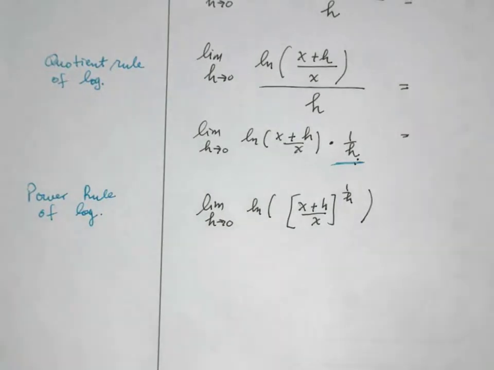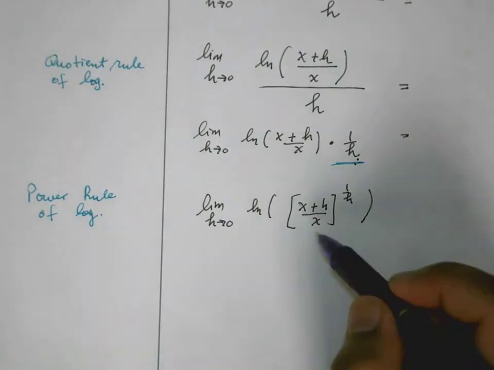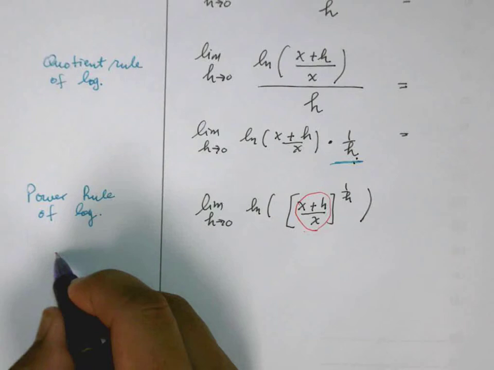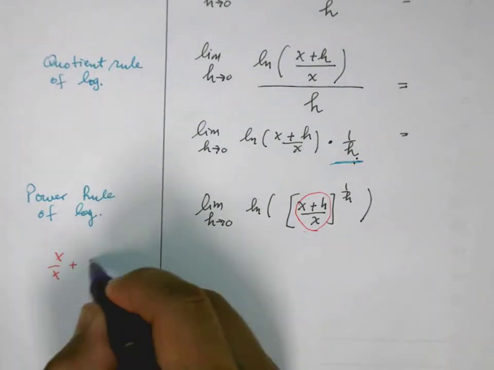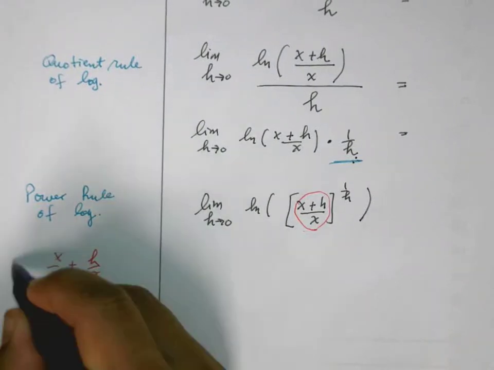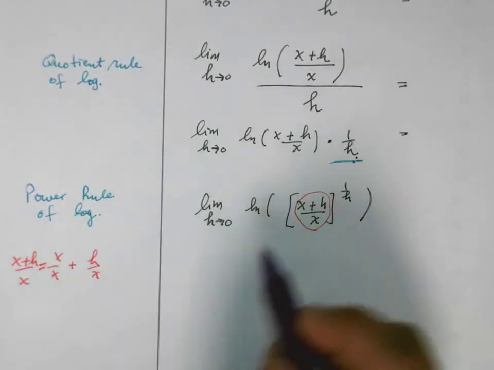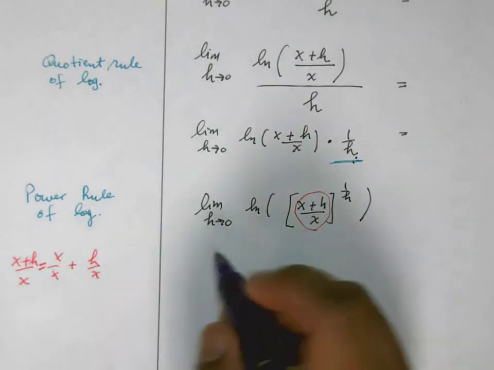Now as we continue, I'm going to simplify the expression in here. x plus h over x is really just x over x plus h over x, and x over x is just equal to 1.